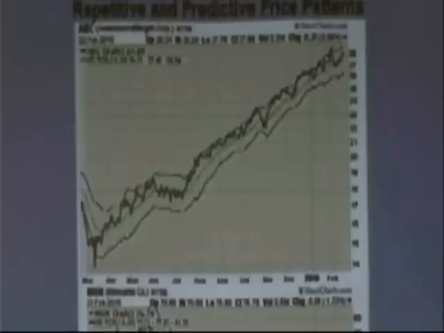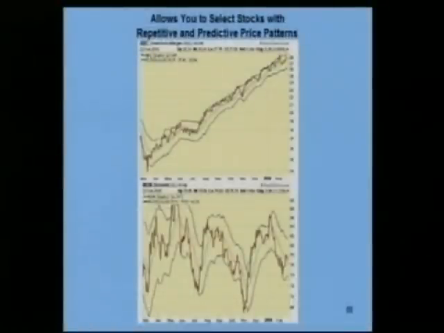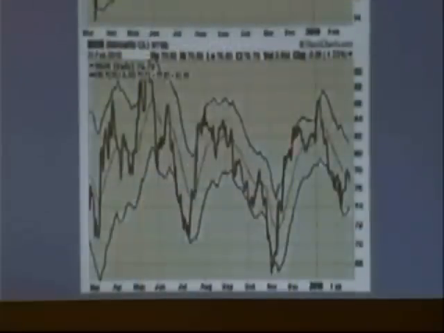So that, to me, is I would rather trade this stock than this one, where you can't really get a sense of where you should be entering and exiting because there is no predictive price pattern.